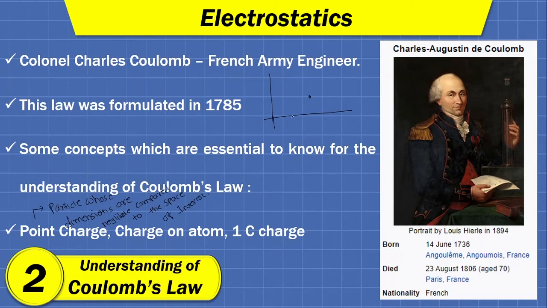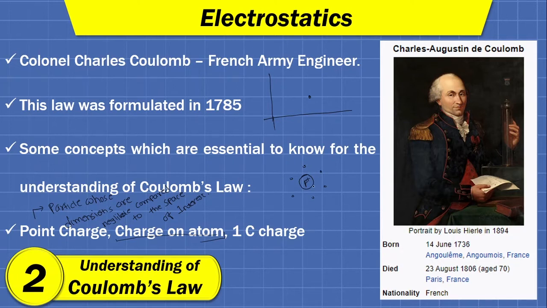The second thing that we should understand is charge on atom. Naturally every atom is electrically neutral, because we will find the same number of protons in the nucleus of any atom and an equal number of electrons revolving around the nucleus. So any atom in its natural state is electrically neutral.